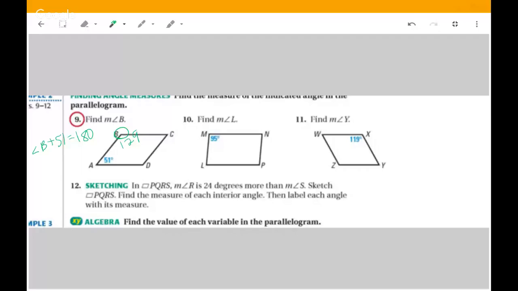In parallelogram PQRS, R is 24 more than S. Sketch it and find the measures of each interior angle. All right, so first just draw a parallelogram.